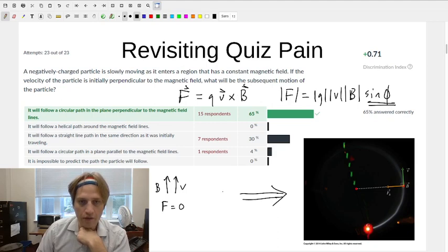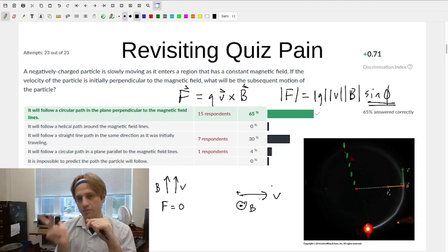If you have V and B, for instance, like V is in this direction, if you have a plus charge, and B is out of the page, V cross B would give you F in that case.